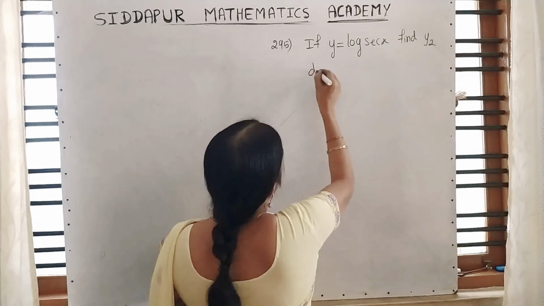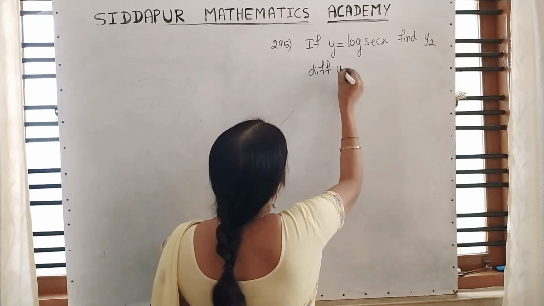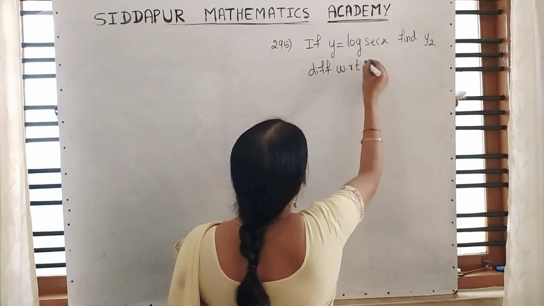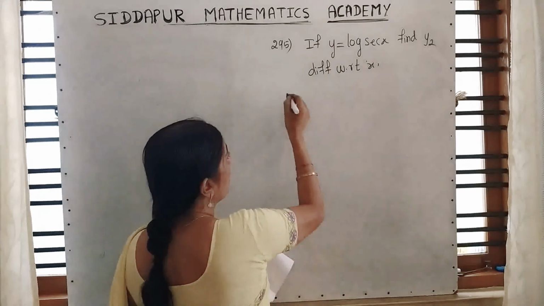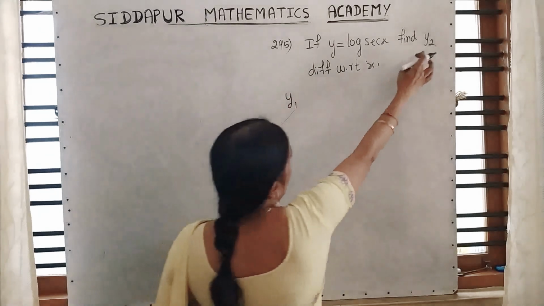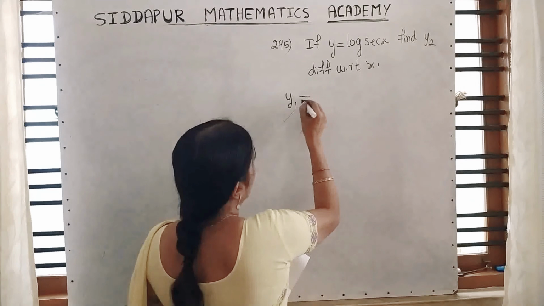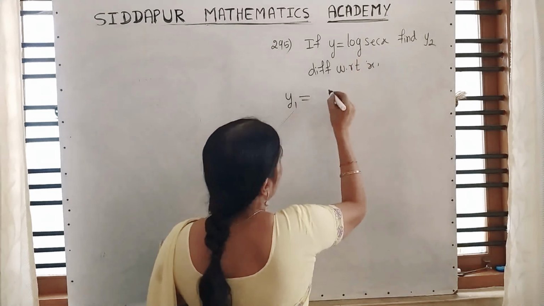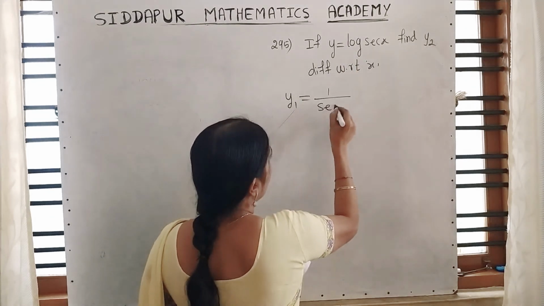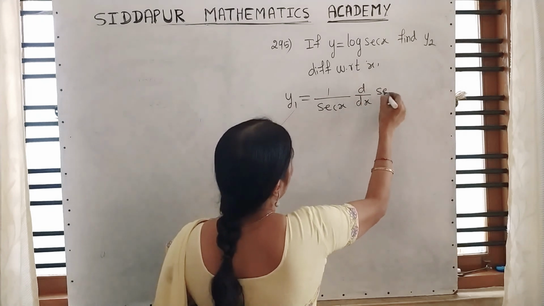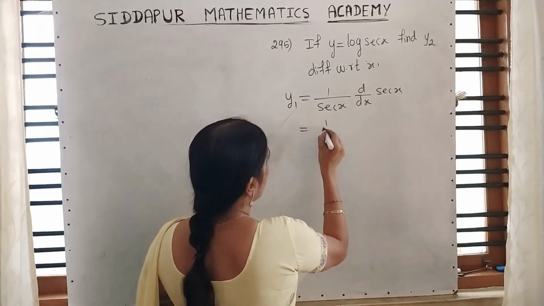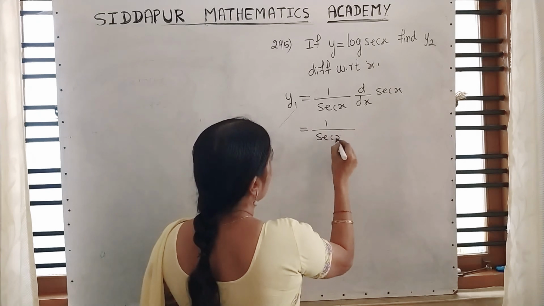Now differentiating with respect to x. When you differentiate y, the dy upon dx is written as y1, because the way of asking is in this form. Differentiation of log sec x is 1 by sec x into differentiation of sec x. Keep 1 by secant x as it is.